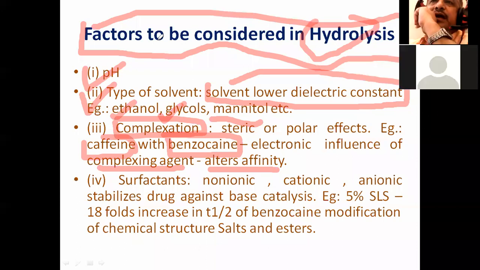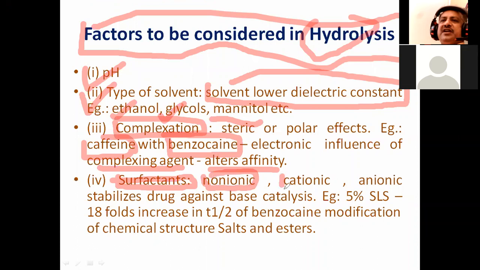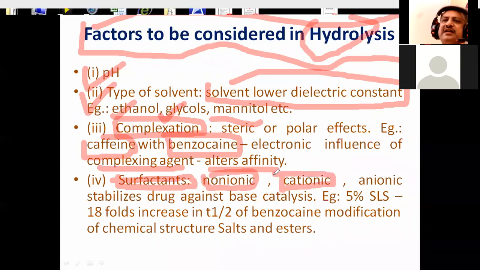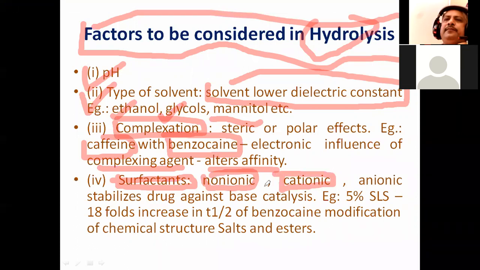Then the other factors to be considered while hydrolysis include the surfactants. Now the surfactants are of various types. For example, the non-ionic surfactants such as SLS, then we have cationic surfactants, anionic surfactants. Now these surfactants are used to stabilize the drugs against base catalysis.